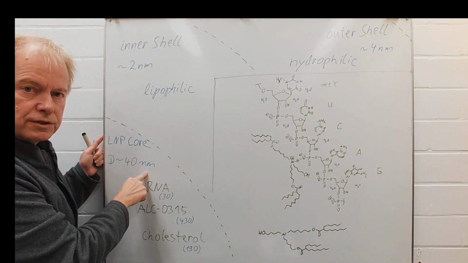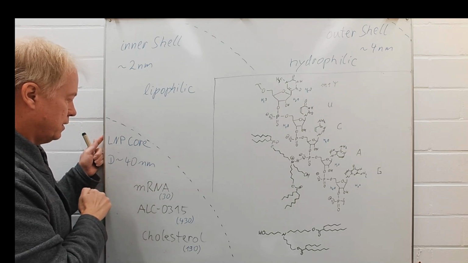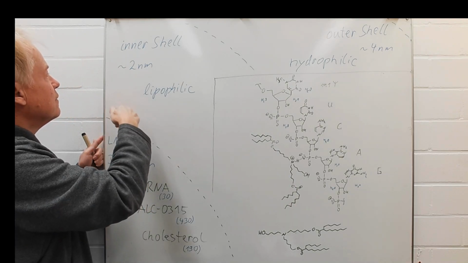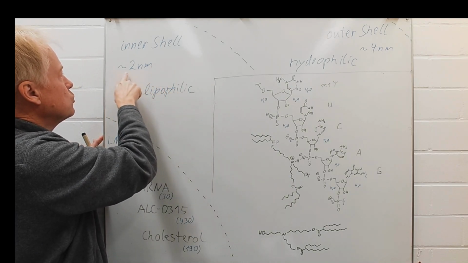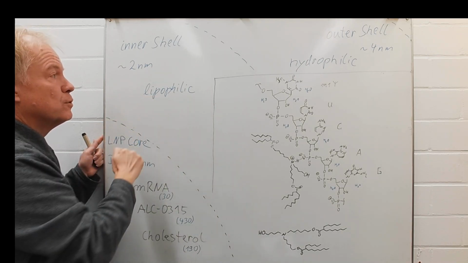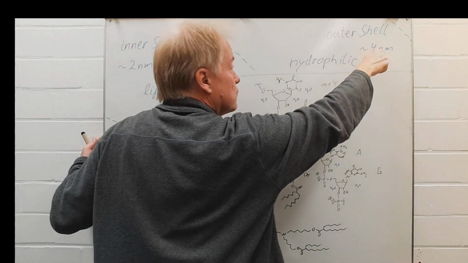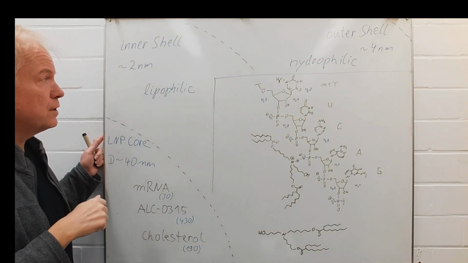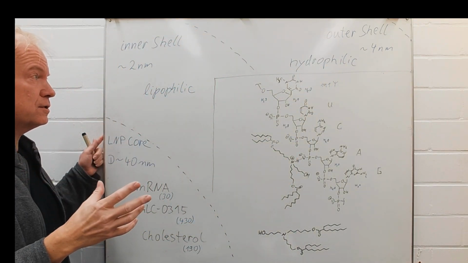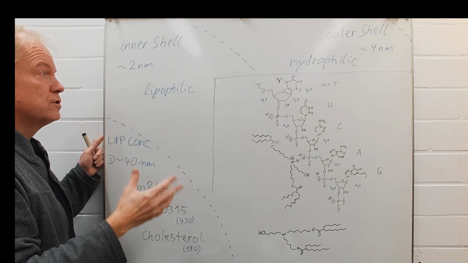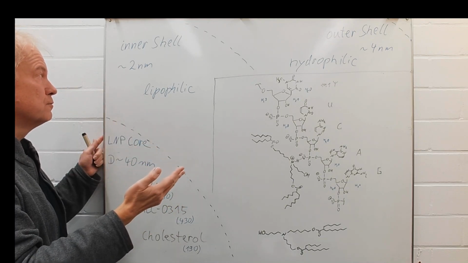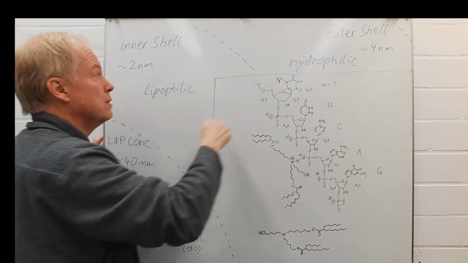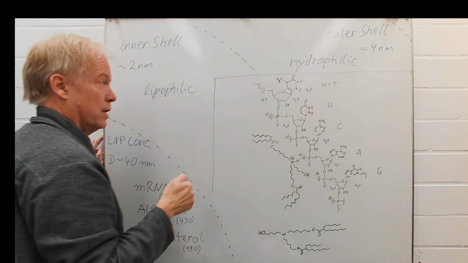The core has a diameter of 40 nanometers. Then the inner shell, 2 nanometers, is lipophilic, and the outer shell has 4 nanometers and is hydrophilic. In the first video, we have already discussed the molecules that are responsible for the formation of the inner and outer shell.